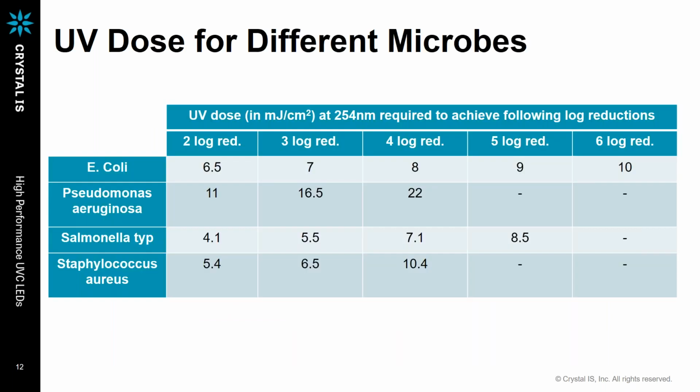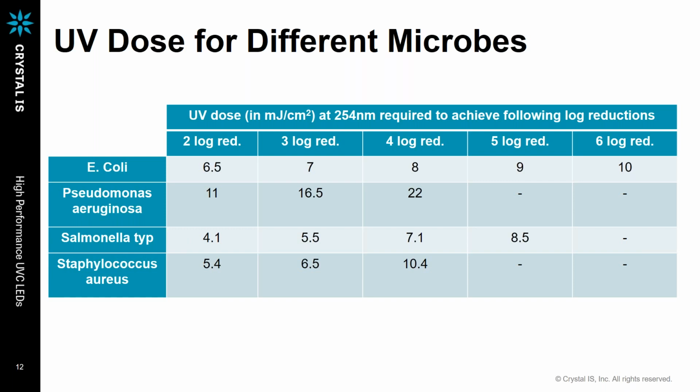Here is a table of some of the typical disinfection dosages required. What we have done is show some of the commonly used microbes which are present for surface disinfection, and the log reduction values of 2, 3, 4, and the dosage in millijoules per square centimeter.